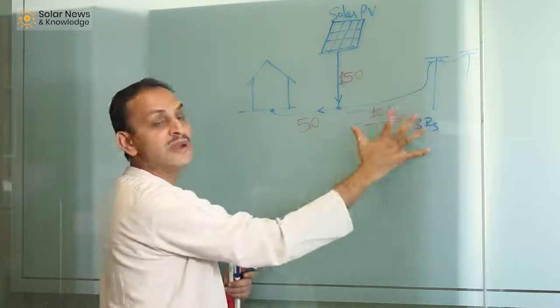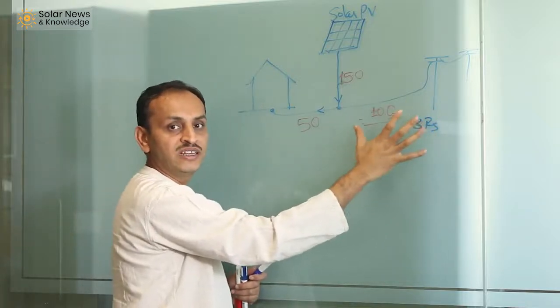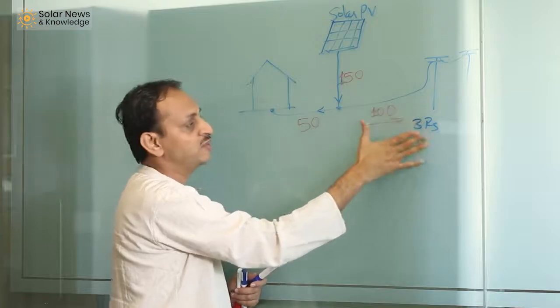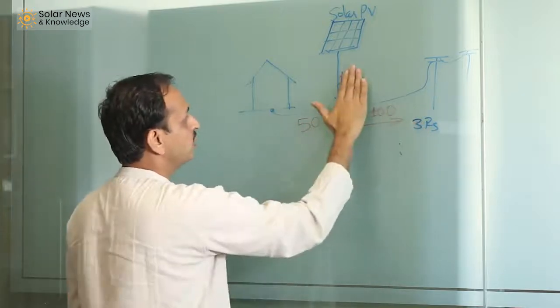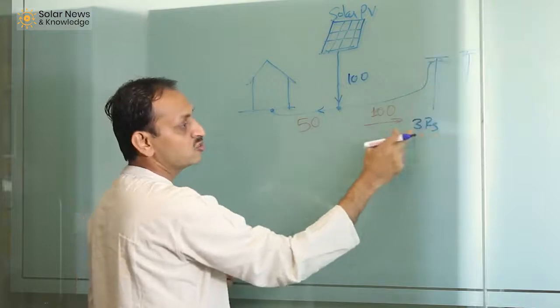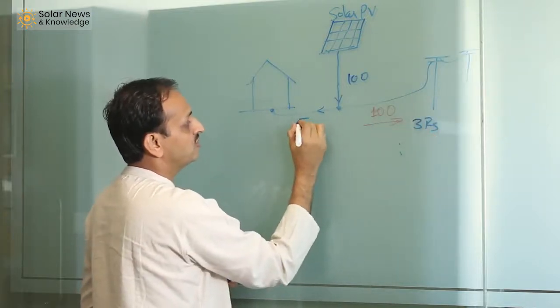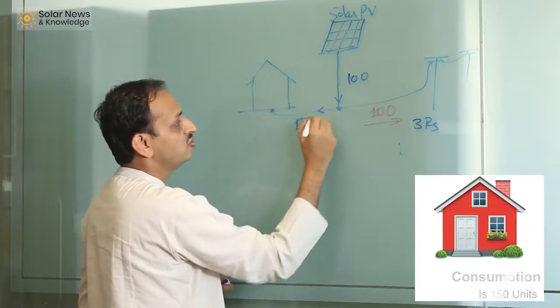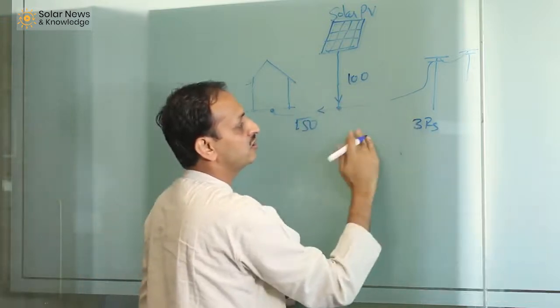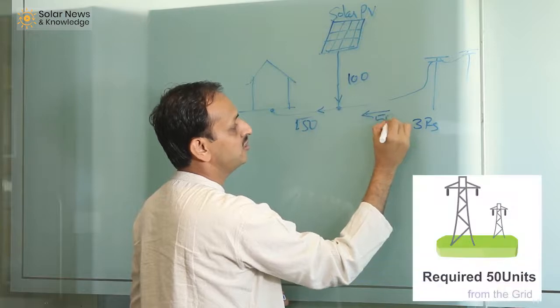But then you are not banking this electricity; you are getting the rate of electricity adjusted in your bill for that month. In the other case, when your generation is 100 and consumption is 150, the electricity sold to the grid is at 3 rupees, but the net that you are going to take from the grid is 50 units.